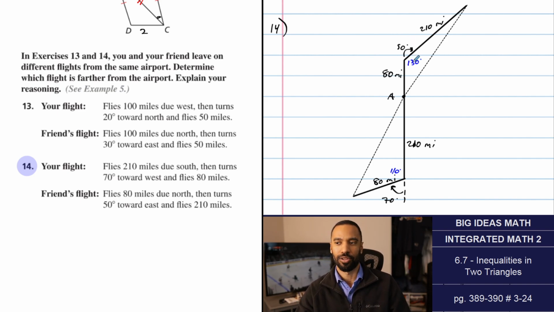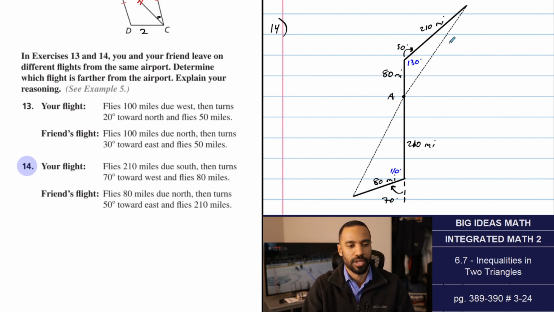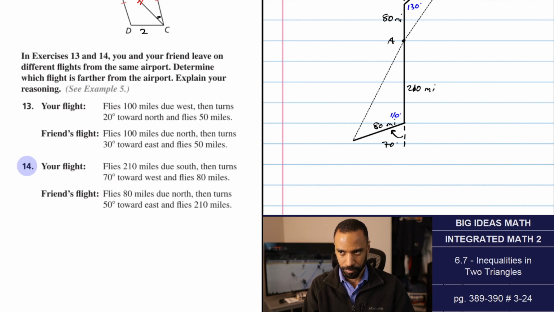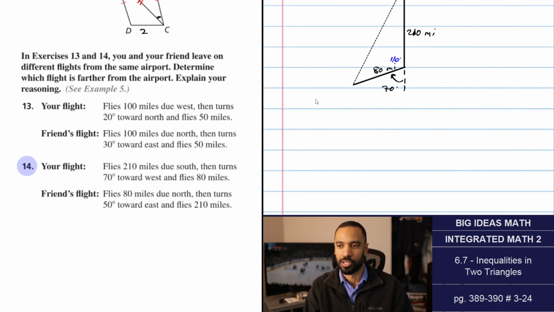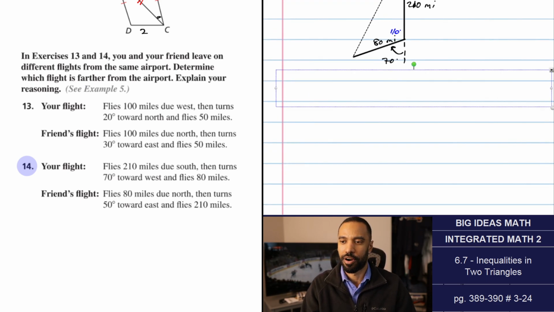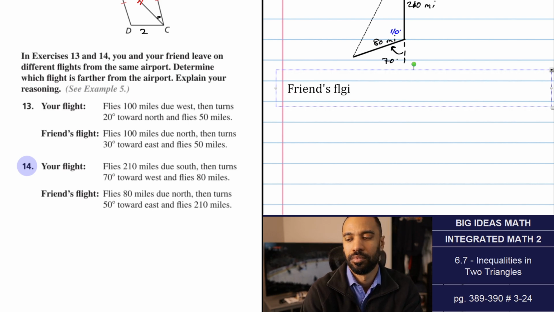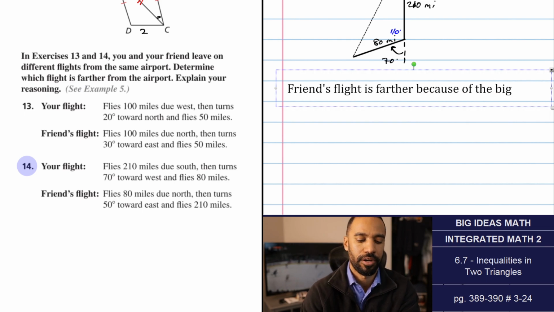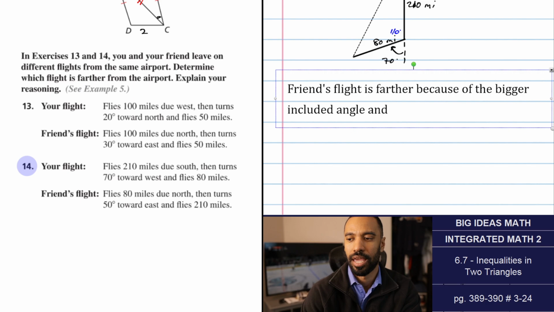Therefore, the bigger angle on the inside is the one that can show which distance is farther on the outside. Your friend's flight took him farther from the airport this time. Friend's flight is farther because of the bigger included angle and the hinge theorem.